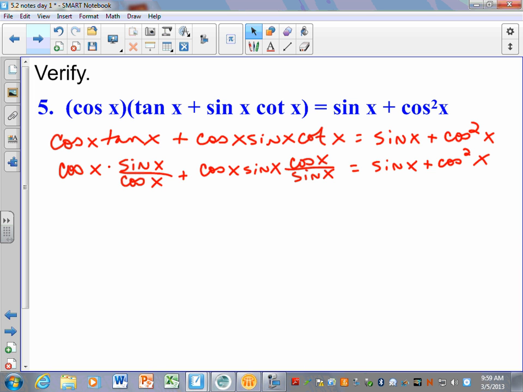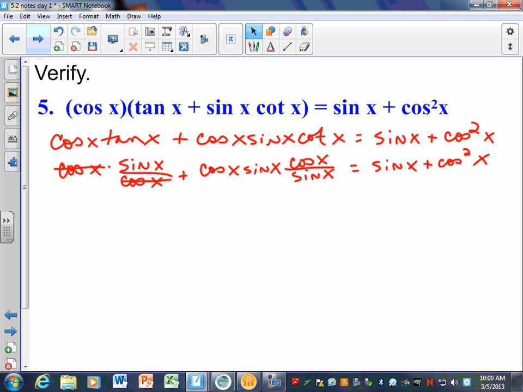And hopefully, you'll either be at your answer or be close to your answer. But I could cancel out a cosine. I could cancel out a sine. And look what I have left. I have left just sine of x here. And I'm just left with cosine of x times cosine of x, which is cosine squared of x. And that's exactly what I wanted. Sine of x plus cosine squared of x.